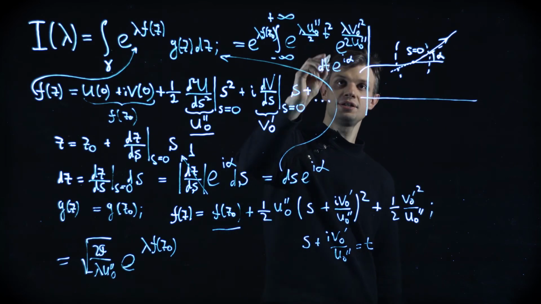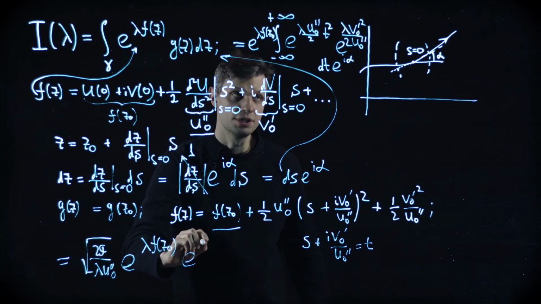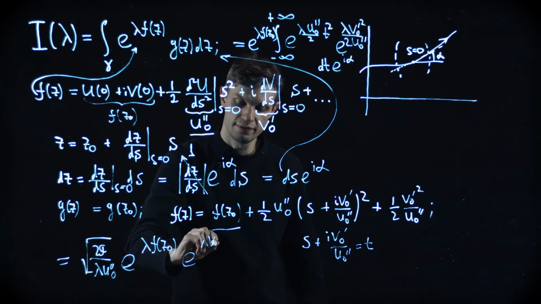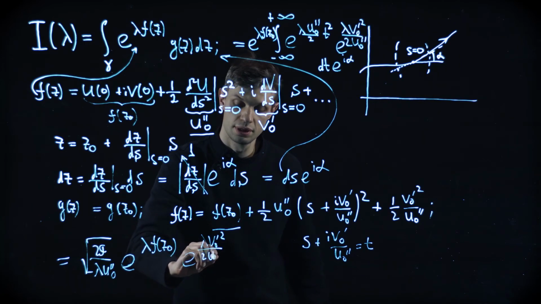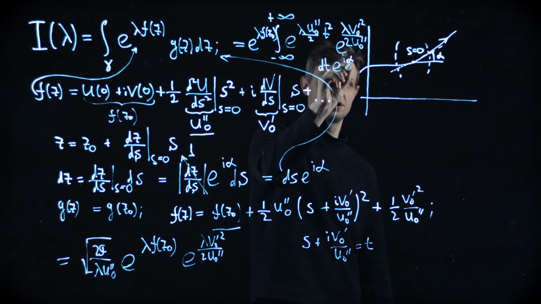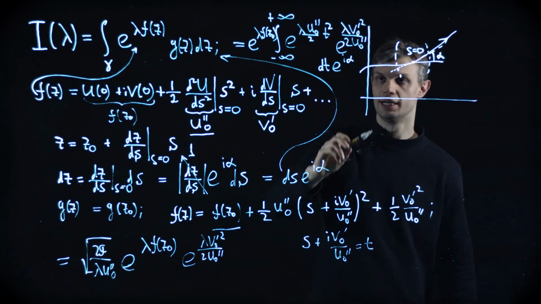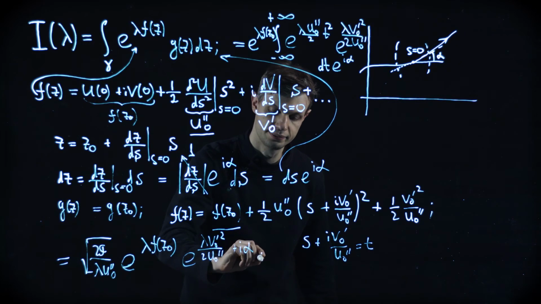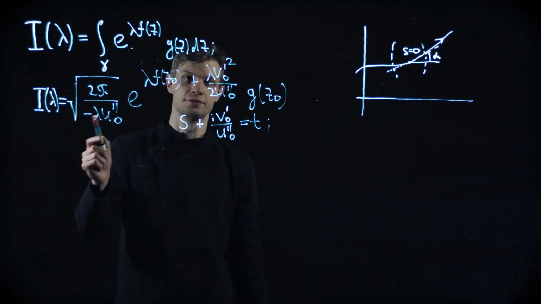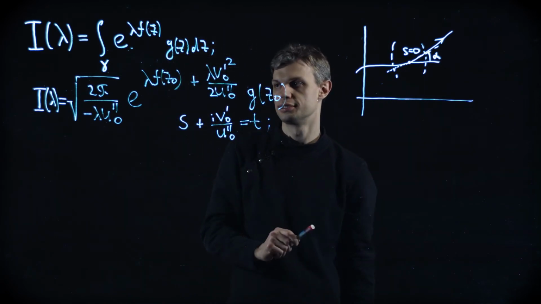And there is an additional contribution which comes from the imaginary part, which is lambda v prime naught squared divided by 2 u prime prime naught. And of course, an additional factor which comes from the fact that we integrated along the sloped line, plus i alpha. So here I rewrote for you the result of our integration. And sorry, I forgot the g of z naught term.